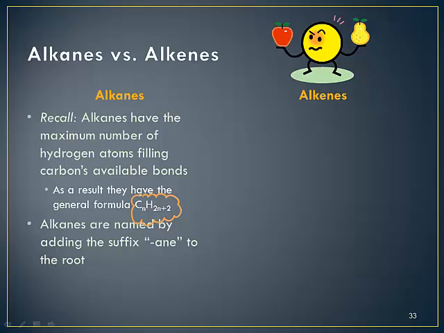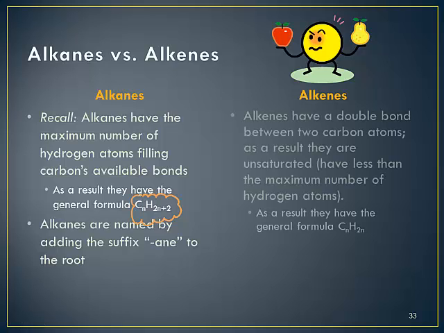Alkanes are named by taking the root, determined by the number of carbons in the chain, and adding the suffix ane. In contrast to that, we have alkenes, which now have a double bond between two or more of the carbon atoms. Because of that, they have less than the maximum number of hydrogen atoms attached, and we call them unsaturated.